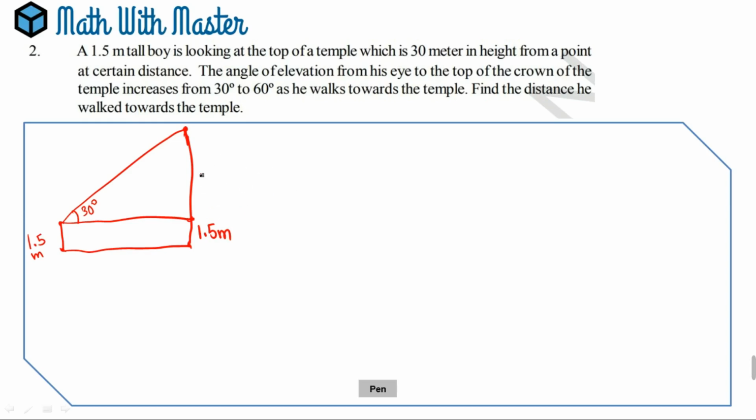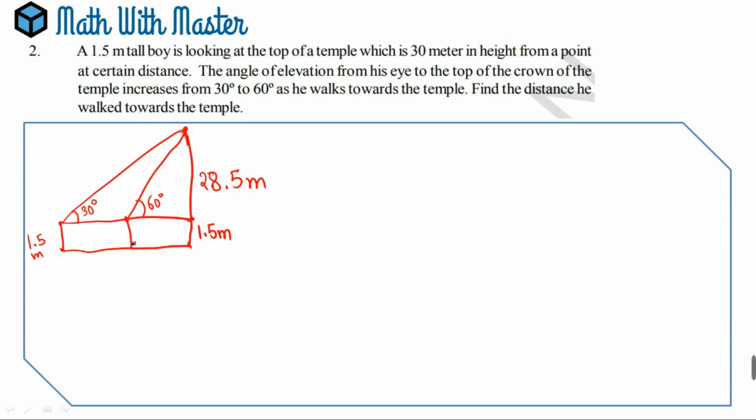So the height of this will be 28.5 meters. And now after he walked, the angle of elevation became 60 degrees. So we should find the distance he walked towards the temple.